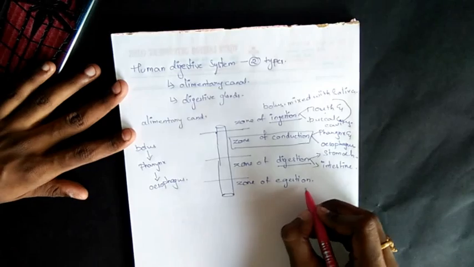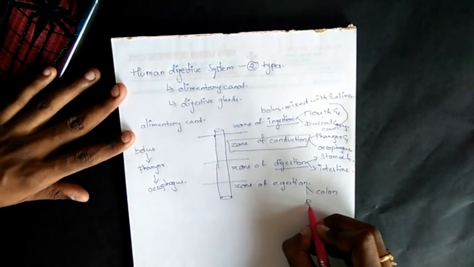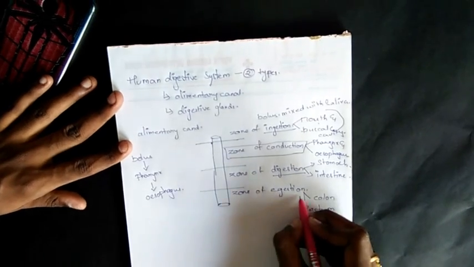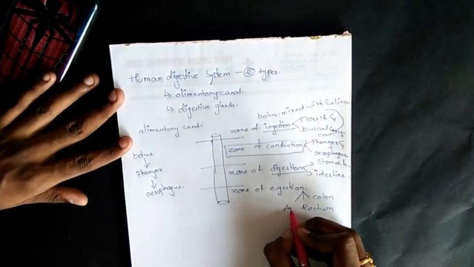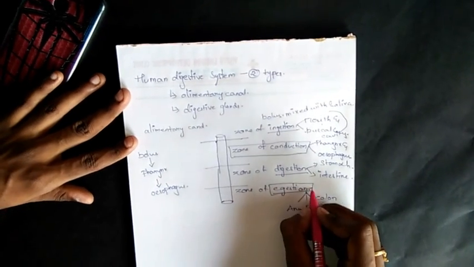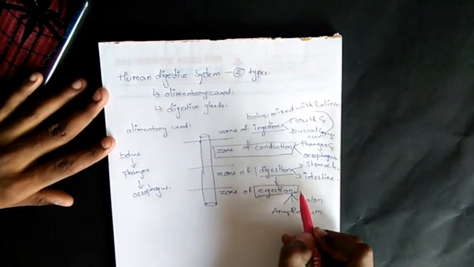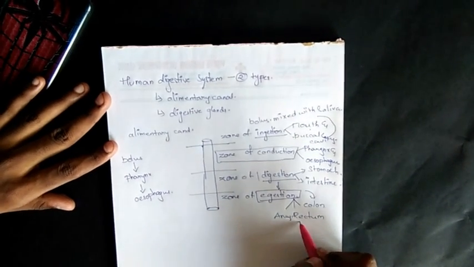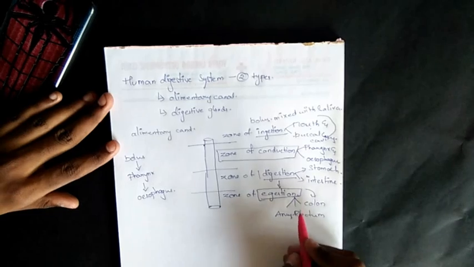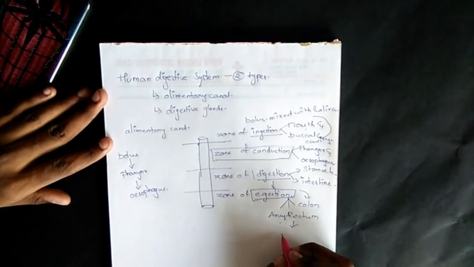The parts in it are colon, rectum, and anus. Here, the excretory material left after digestion is sent into these parts, and the undigested food goes out from the human body as fecal matter.